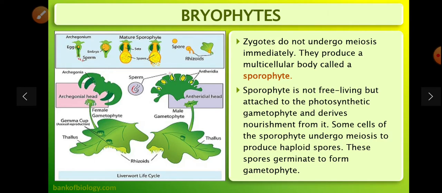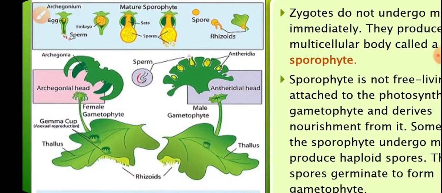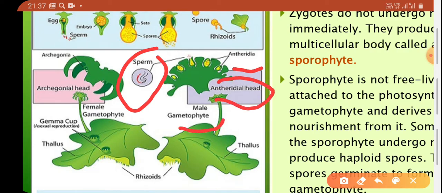We can understand this with the help of this life cycle of liverwort. That is, this is the sperm, antheridial head, male gamete. This is thallus, rhizoid.